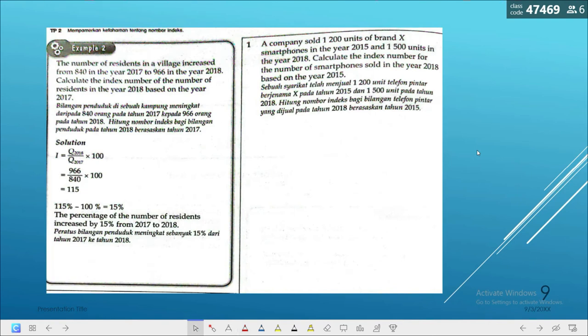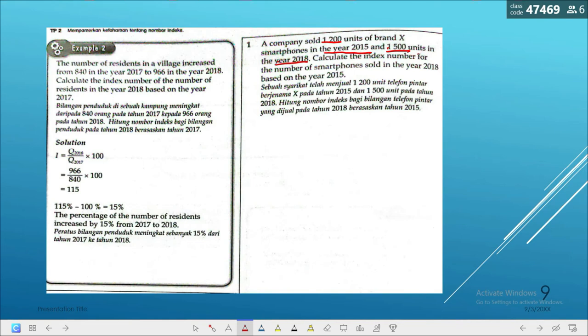A company sold 1,200 units of brand X smartphones in the year 2015, so underline it, and 1,500 units in the year 2018.